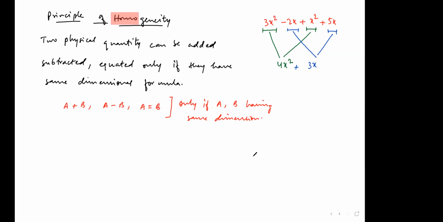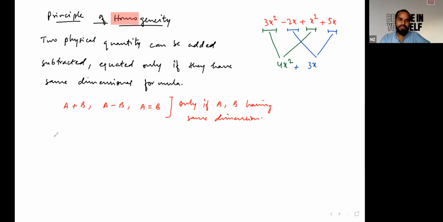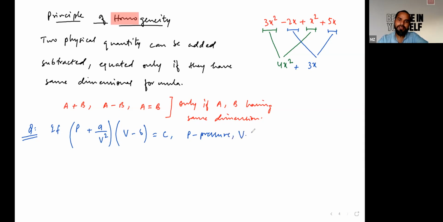No, sir. So on the basis of this, let me give you a question. If P is equal to A divided by V square, bracket V minus b, is equal to C. Here we have P as pressure, V is volume.